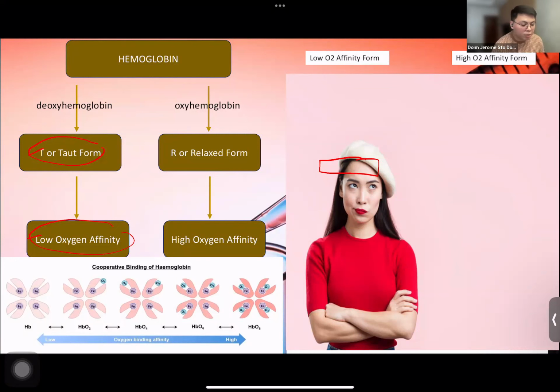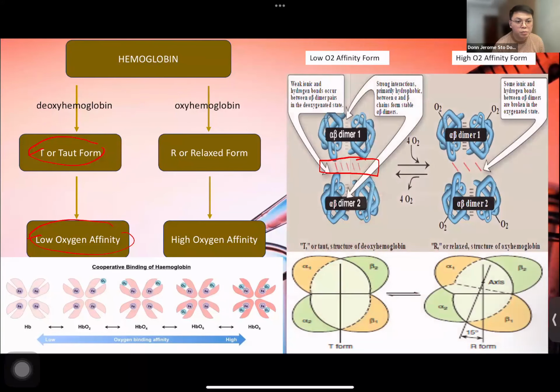At higher partial pressure, the tendency is for the first oxygen to bind to the first subunit, disrupting some of those ionic bonds, affecting the other subunits, making it easier for the second oxygen to bind.